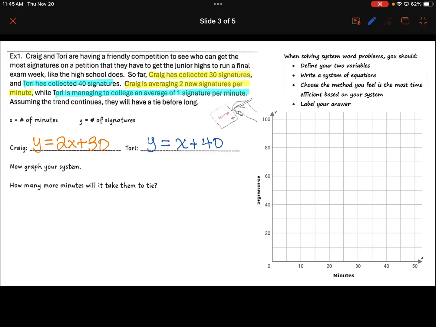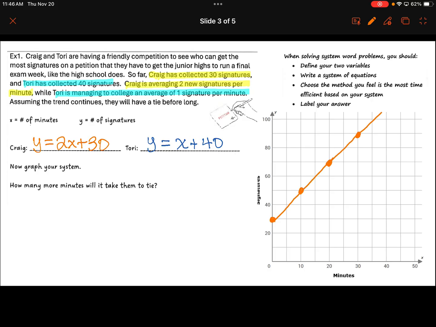So now we're going to graph that system. First I'm going to start at 30, and a slope of 2 on this graph would be the same as up 20 over 10. So I'm going to go up 20 over 10, up 20 over 10, up 20 over 10. And then from there, I've run out of room.